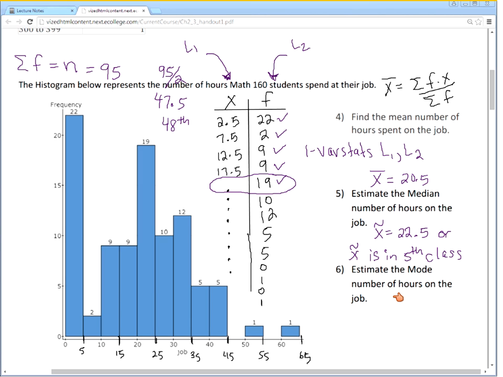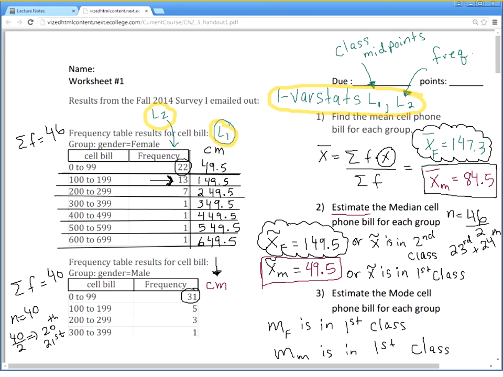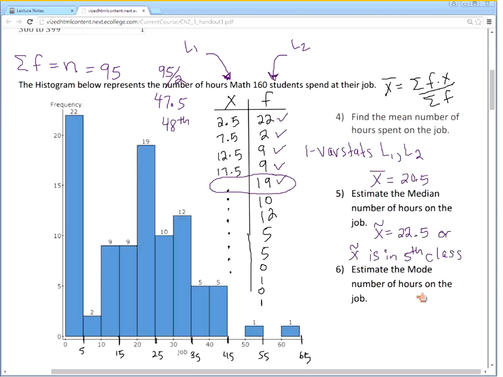Okay, how about the mode? Estimate the mode. Let's see, how did we do it before? Here the mode was in the class with the highest frequency. So same thing, the mode is in the class with the highest frequency.